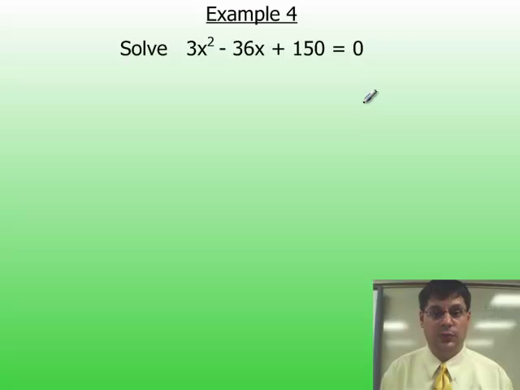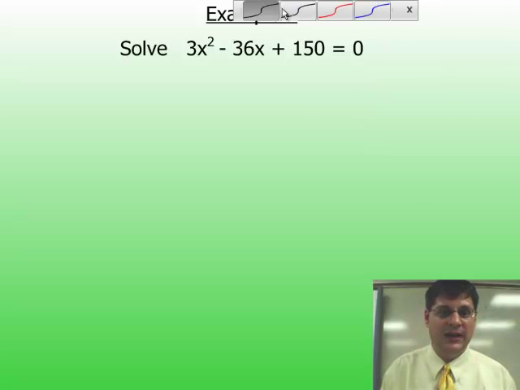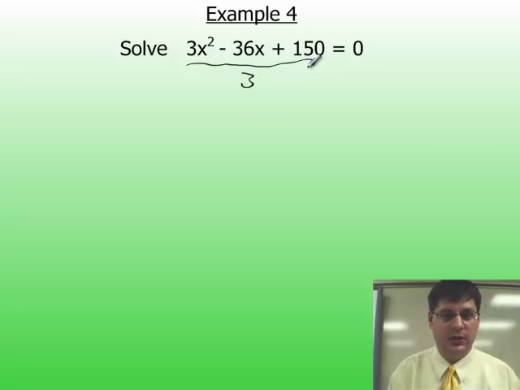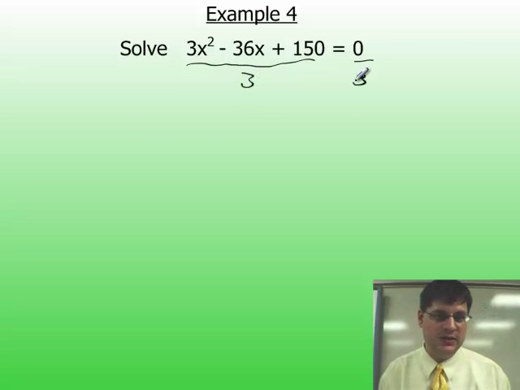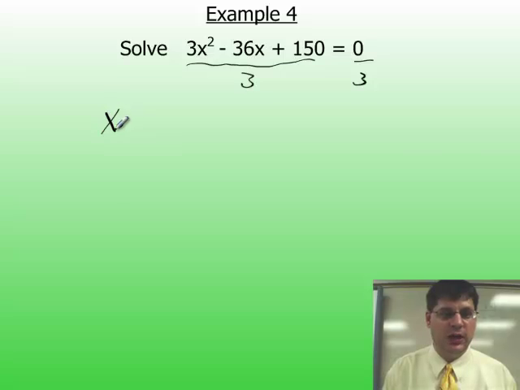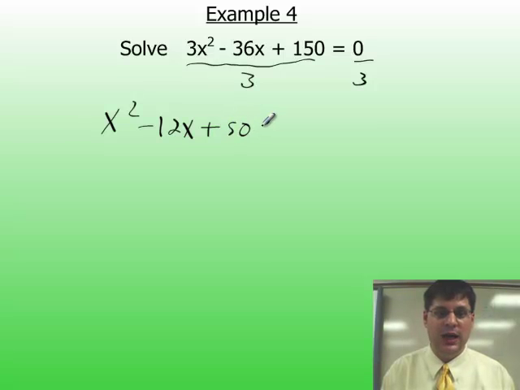In this case, 3. So I'm going to divide out both sides by 3. That would leave me with x squared minus 12x plus 50, and of course 0 divided by 3 is just 0.